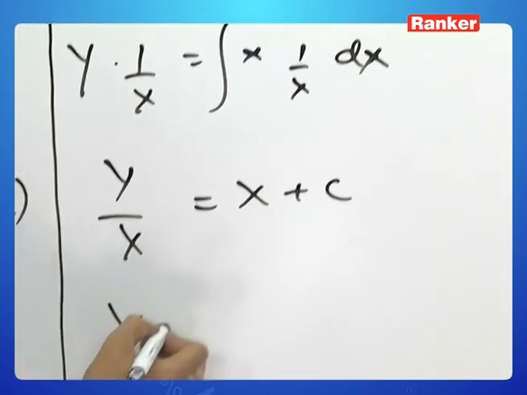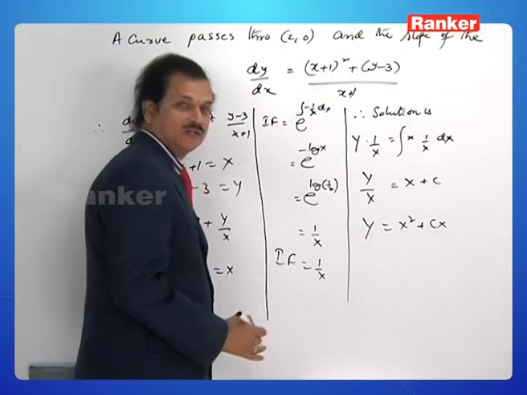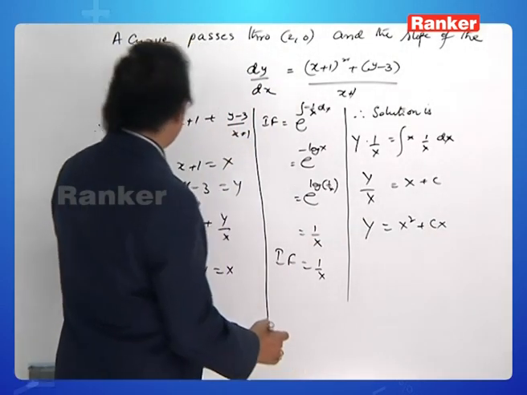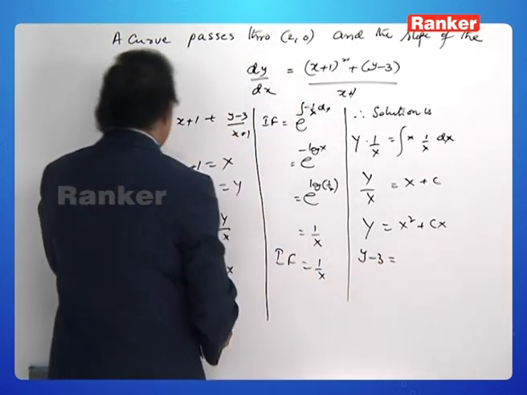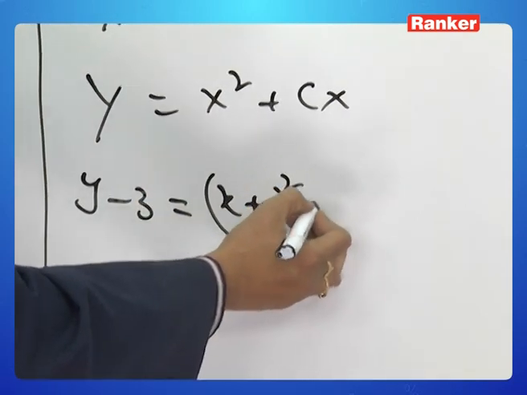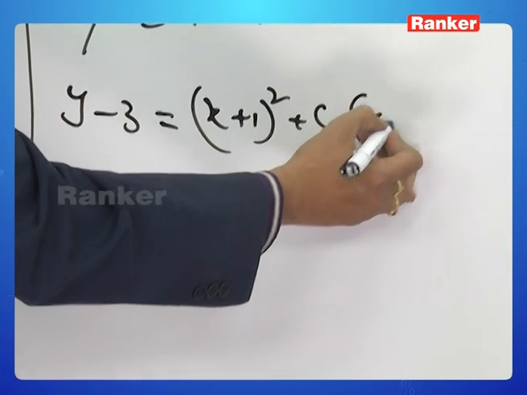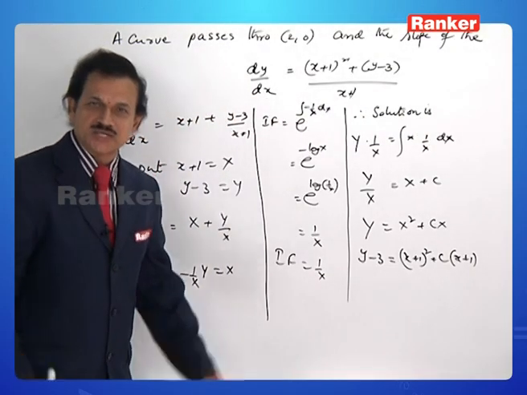Therefore, Y is equal to X square plus cX. What is capital Y? Y minus 3, isn't it? Y minus 3 is equal to (x plus 1) whole square plus c into (x plus 1). That is the ultimate solution.